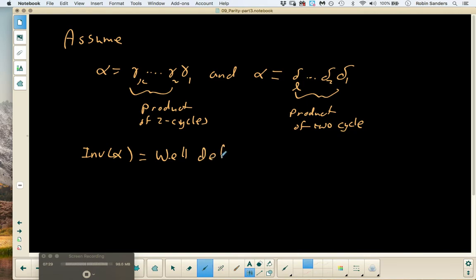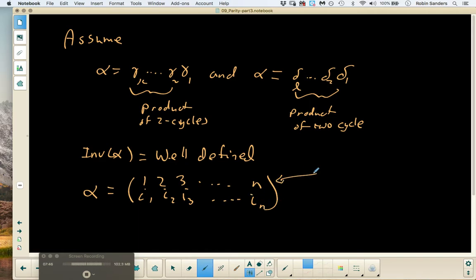And what I mean by that is that if we have alpha in two-row notation, and the bottom row is I1, I2, I3, all the way up to In, there is a fixed, specified number of inversions.